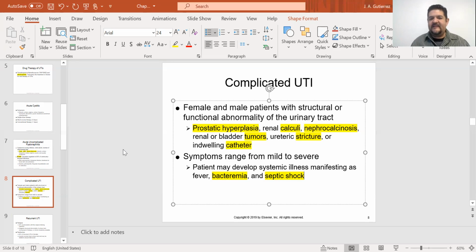So the bacteria is going to get stuck somewhere in that tract system, and it's going to be able to continue moving forward, going up to the kidneys. And from there, from the kidneys, because the type of capillaries that they have, with so many fenestrations, with so many openings, they can jump into the blood system.